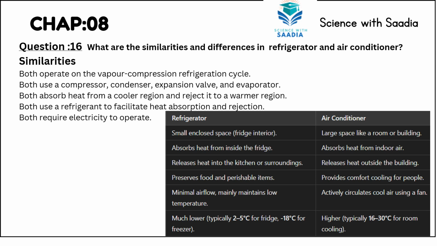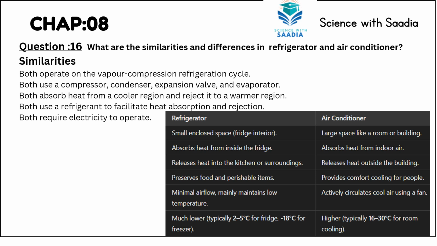And the differences between them: a refrigerator cools a small enclosed space, the fridge interior, while the air conditioner cools a large space like a room or a building. The refrigerator absorbs heat from inside the fridge, while the air conditioner absorbs heat from the indoor air. The refrigerator releases heat into the kitchen or surroundings, while the air conditioner releases heat outside the building.